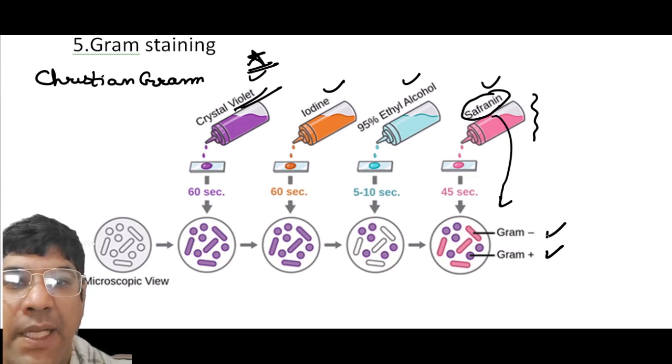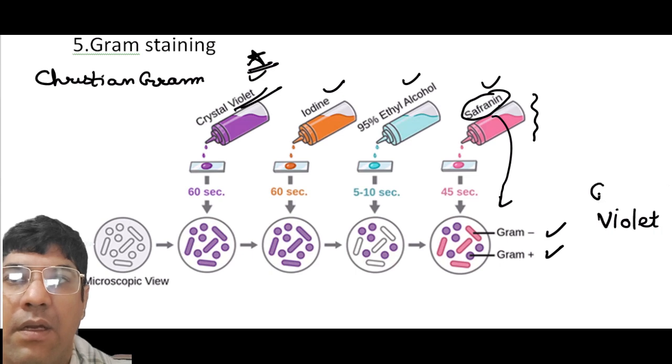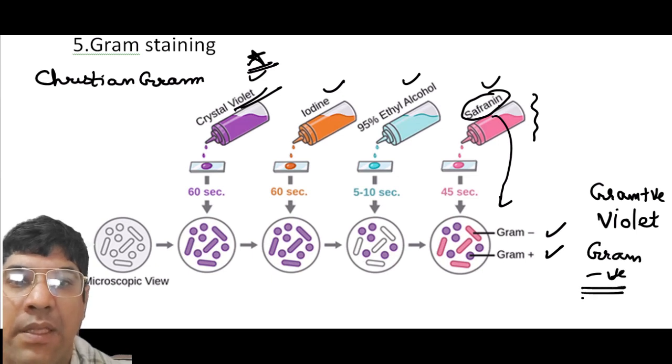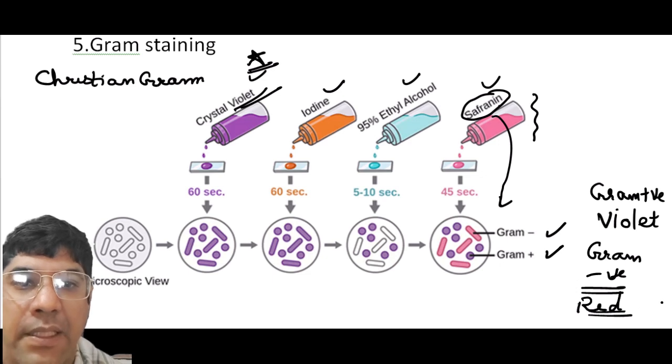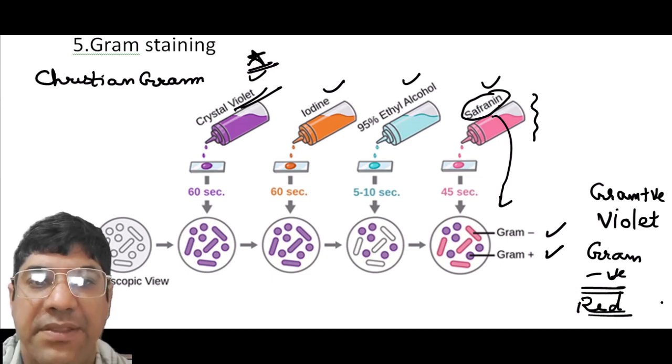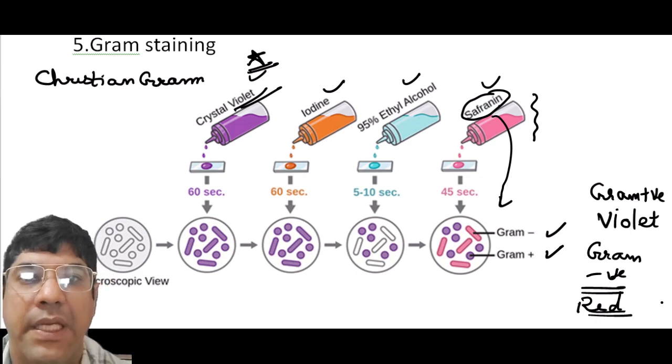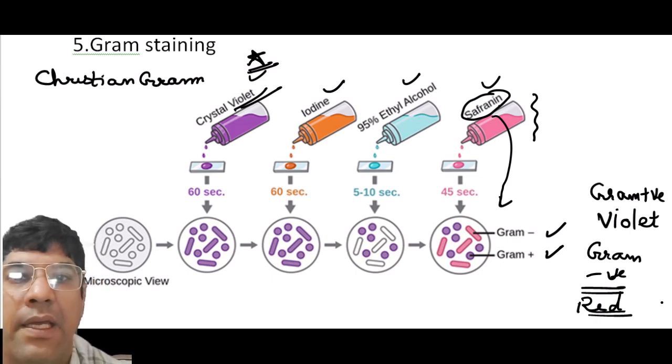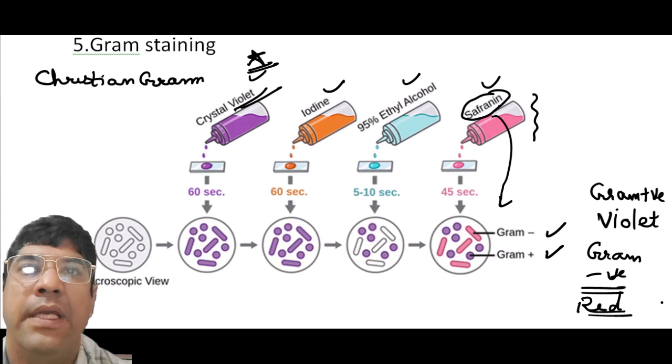So the gram positive bacteria retain the primary stain and appear violet, and the gram negative bacteria are decolorized and take the counter stain, appearing red. So that's the principle of gram staining. The technique relies on the difference in the structure and composition of the cell wall in the bacteria.